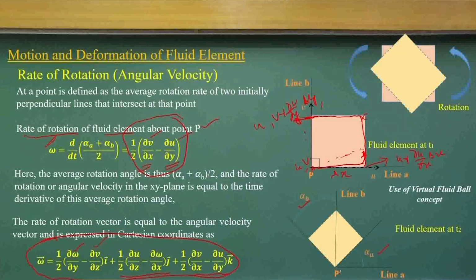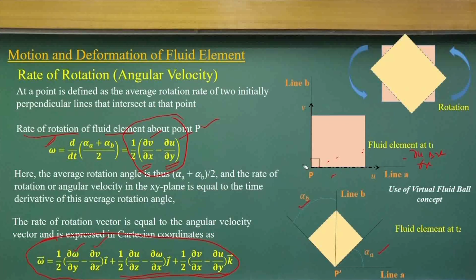If you come to the virtual ball concept, the same idea applies. What I am talking about now is not the fluid element but virtual fluid balls. There will be a series of balls. Since there are velocity gradients, these balls will try to move in these directions, and because of that a rotation will start.